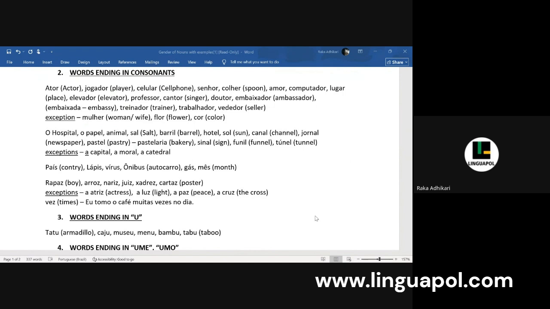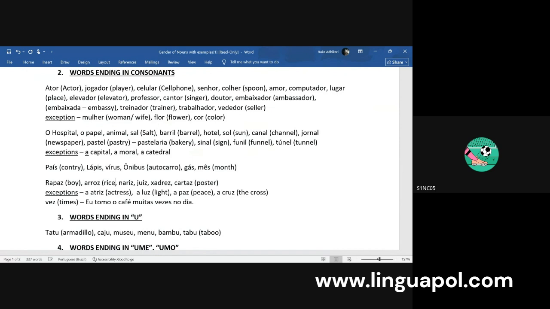You have to remember that, for example, the word rapaz is masculine, whereas the word atriz is feminine. That's the only way to know whether something is masculine or feminine, because the words ending in Z, they are very exceptional. They can be masculine, can be feminine. So under masculine, we have these words like rapaz, means boy, arroz. What is the meaning of arroz? Right.